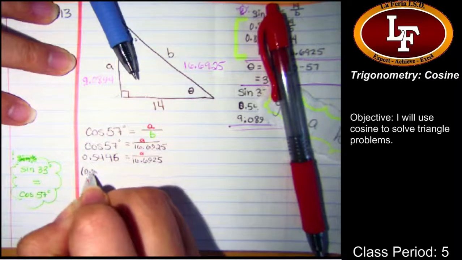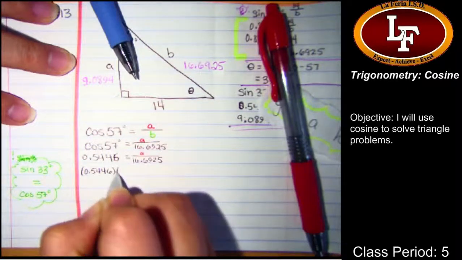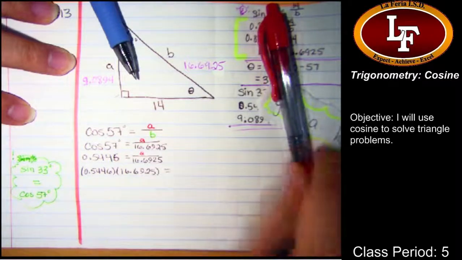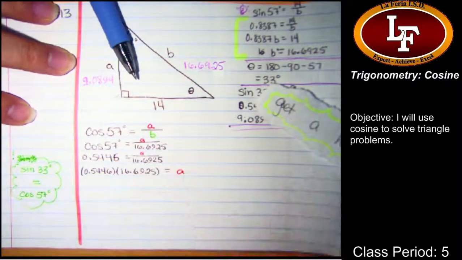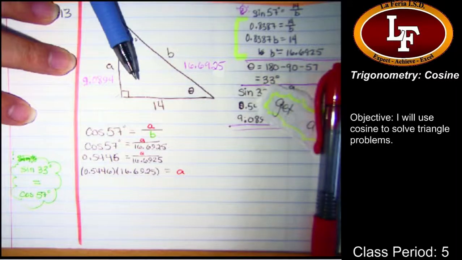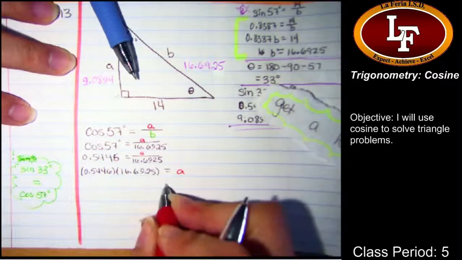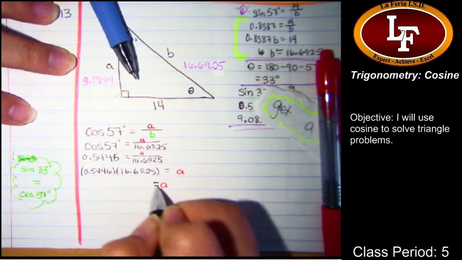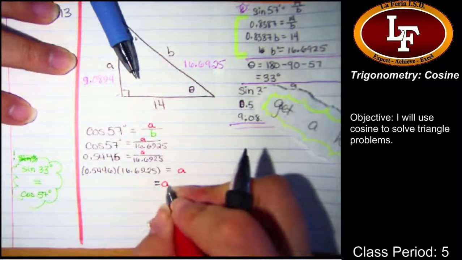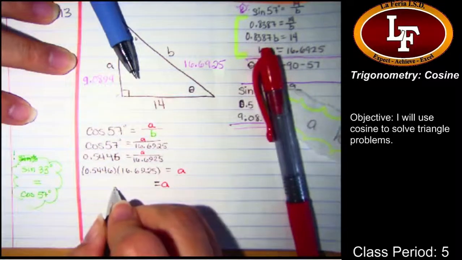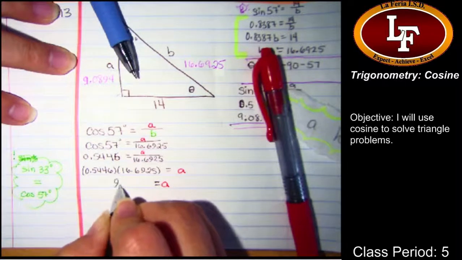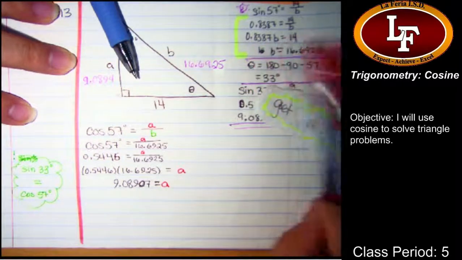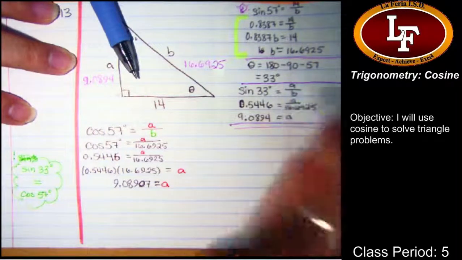So this side is going to become this, and this side is just A. Give me the number. Do the multiplication. 9.08907.